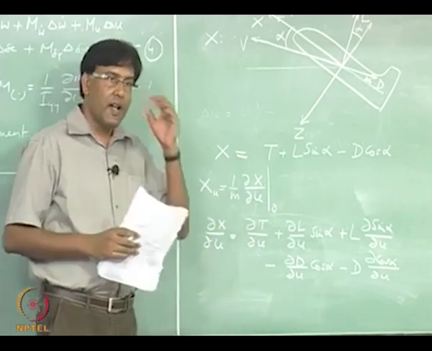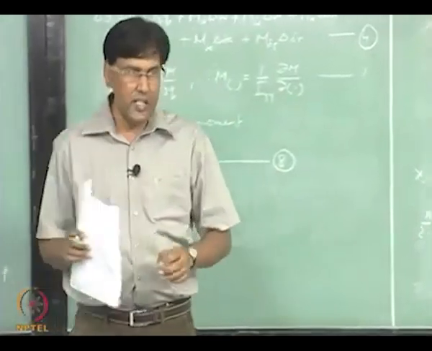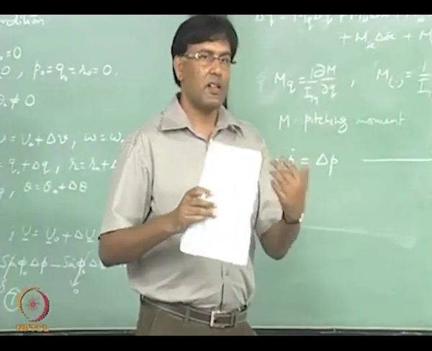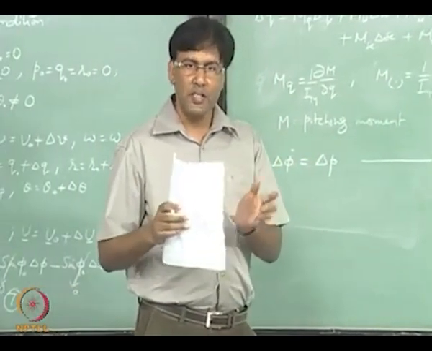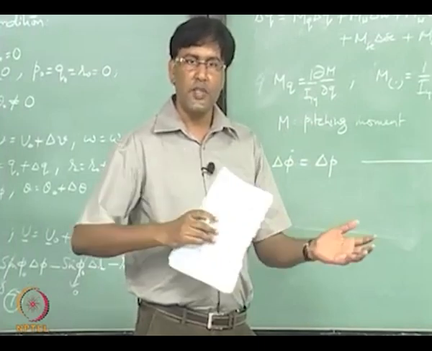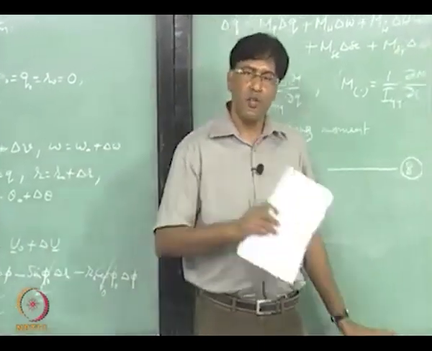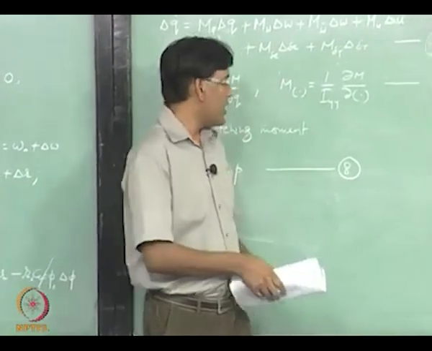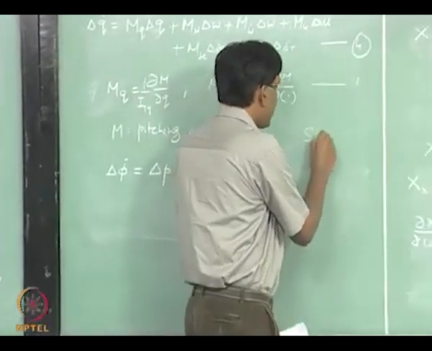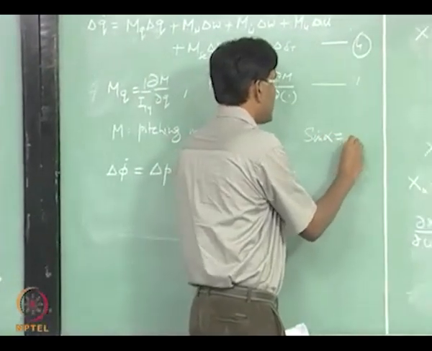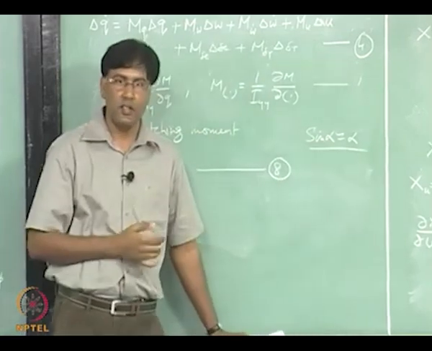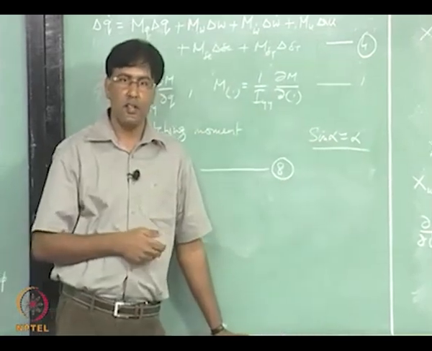right. And also in the pre-stall regime, when alpha is roughly about 15 to 20 degrees, from 0 to 15 let us say, or maybe a little more than that, you can make assumptions like sin alpha is equal to alpha, isn't it.